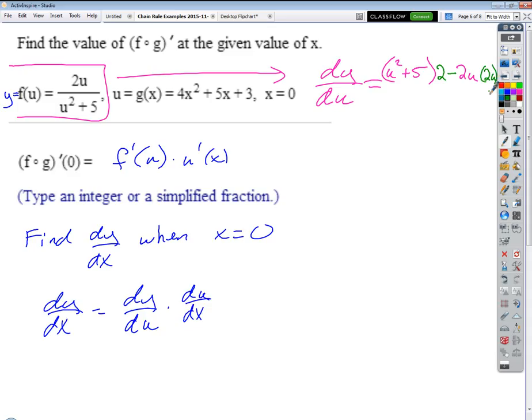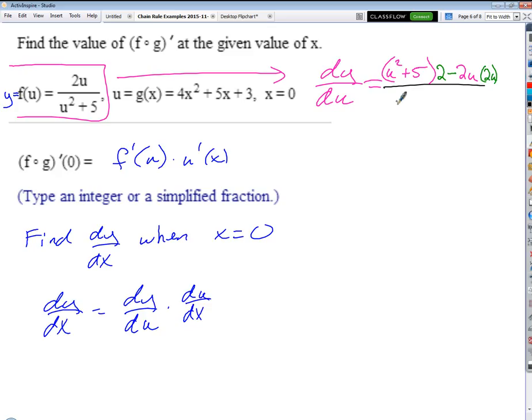Everybody agree? Minus the top times the derivative of the bottom, which is 2u, right? Divided by u squared plus 5, squared. Good. So there's dy/du, right?